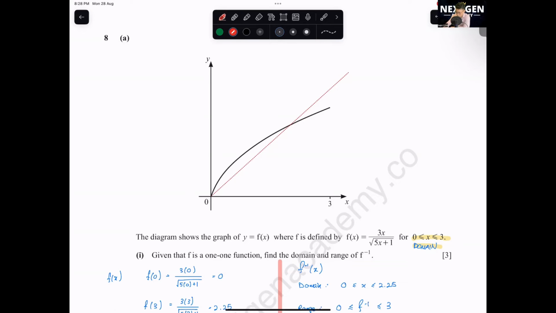Then you draw like that. It needs to intersect here. Like that. This is your f inverse x graph.